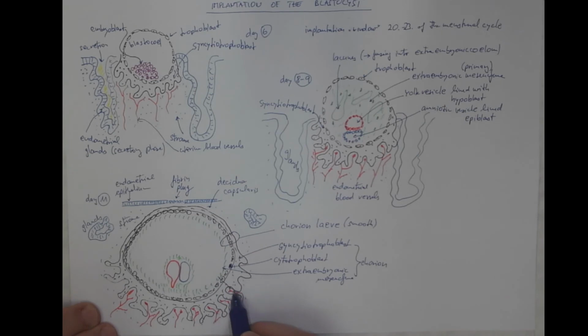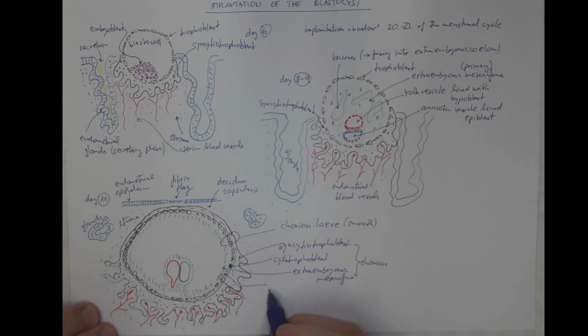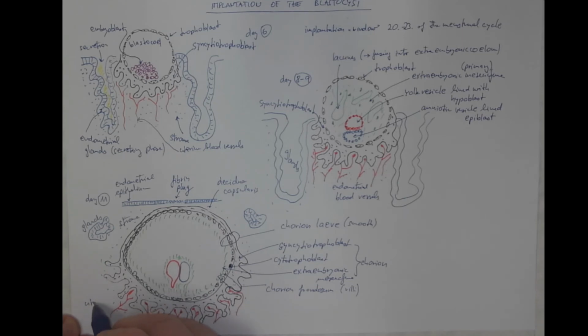So here you got so-called chorion frondosum, which means with the villi. Okay, here we got the uterine blood vessels. And blood lacunae.